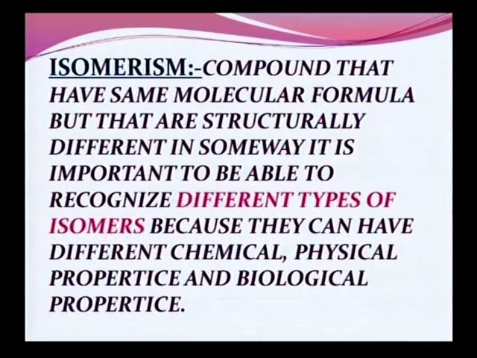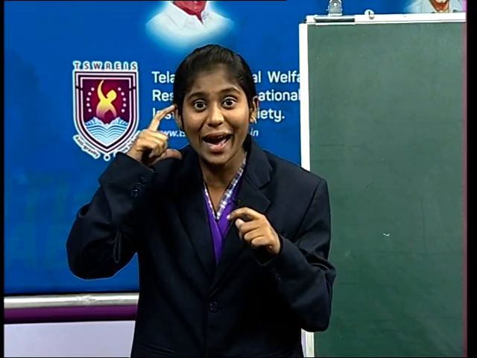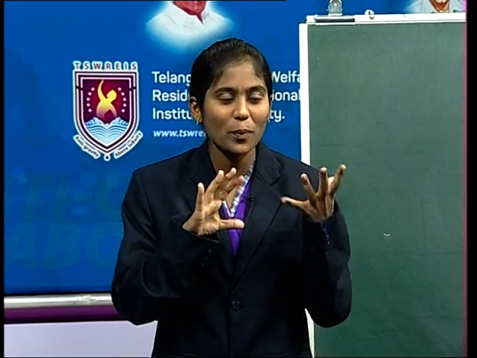Compounds that have the same molecular formula but are structurally different in some way, and it is able to recognize the different types of isomers because they can have different chemical, physical and biological properties. So this is isomerism.